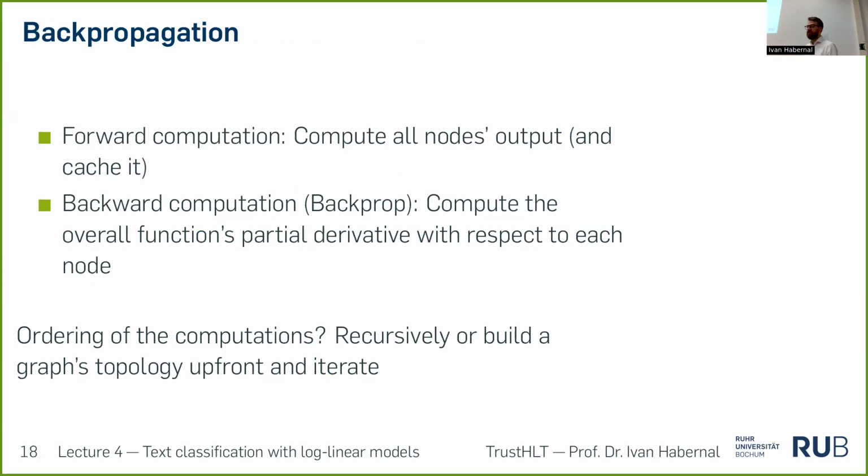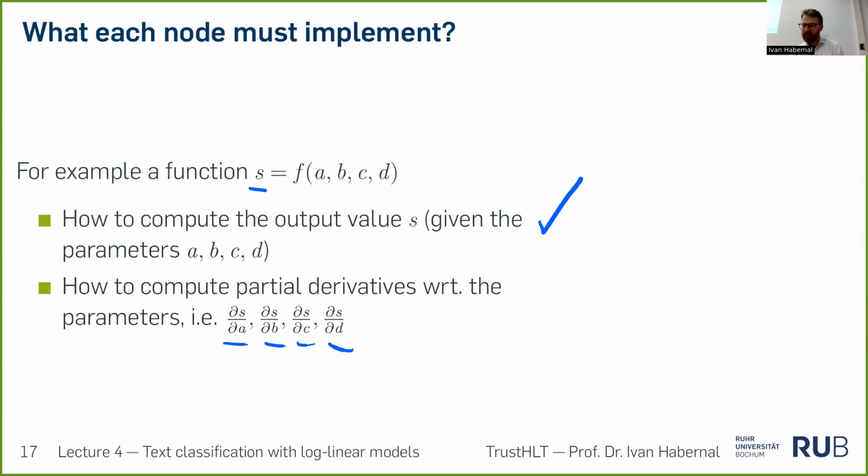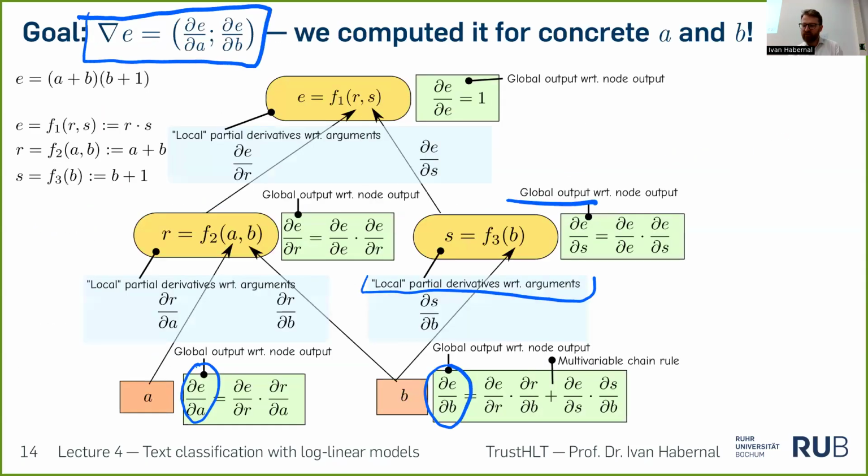Well, why is it called backpropagation? It depends how you implement it. So you can do one thing, which means first, the so-called forward computation. You compute all nodes' output. So if we go back to the graph, we just say, okay, let's take these inputs, and A and B will be some actual numbers, like 2 and, I don't know, 2.1.